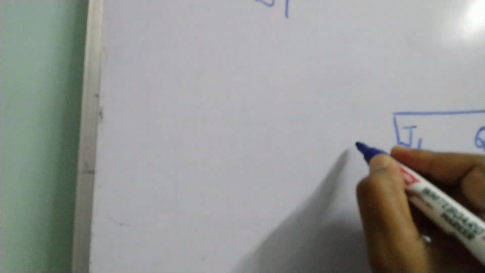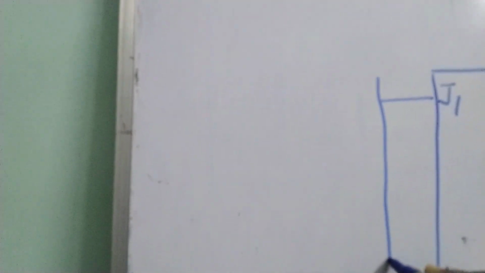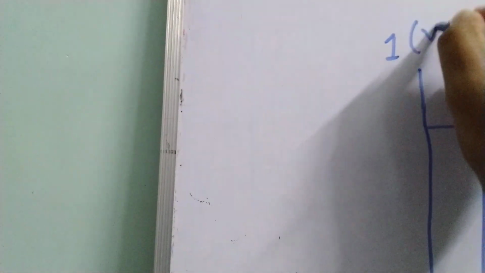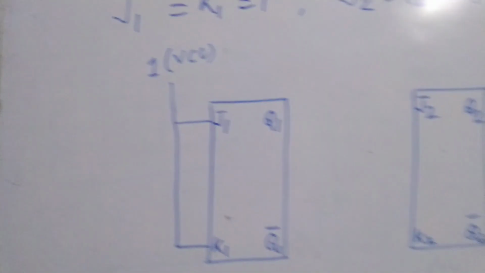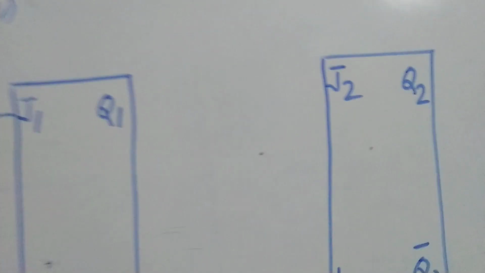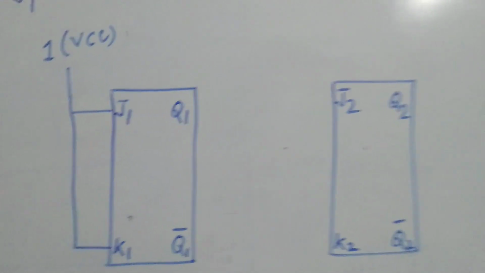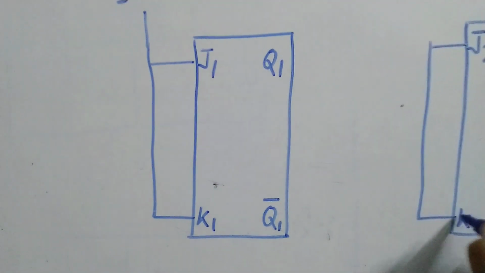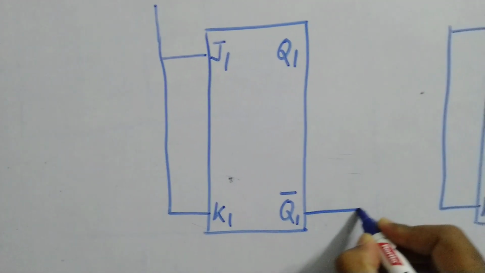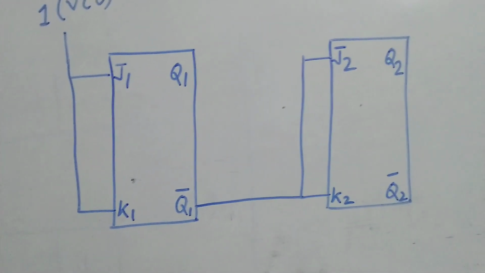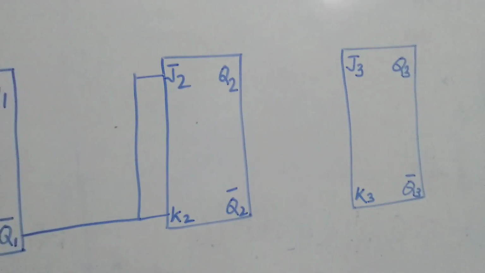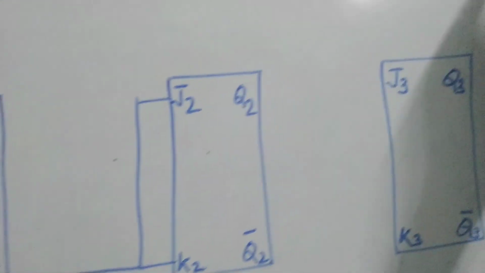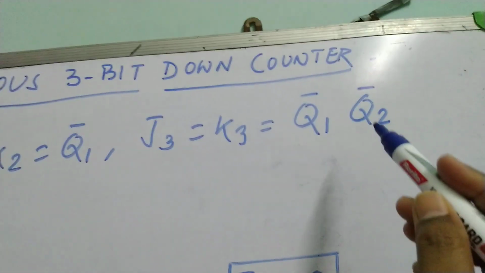As J1 K1 is 1, both inputs are connected with 1, that is VCC. Then J2 K2 is equal to Q1 bar, so J2 and K2 both are connected with Q1 bar, and J3 and K3 are connected with Q1 bar, Q2 bar.